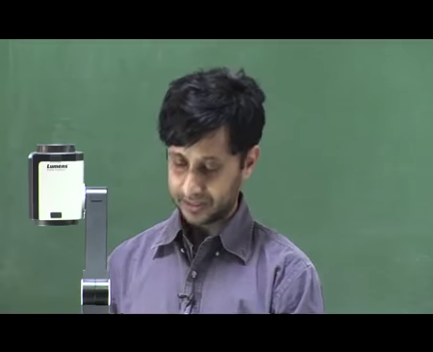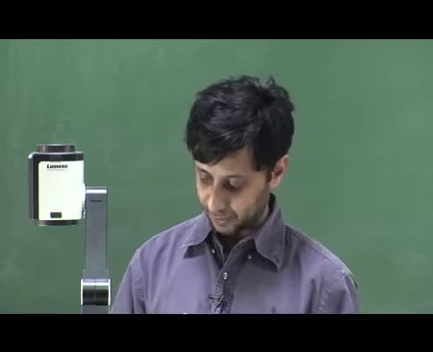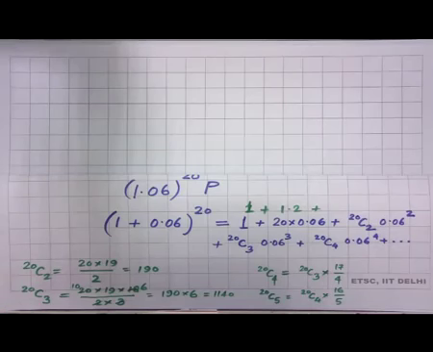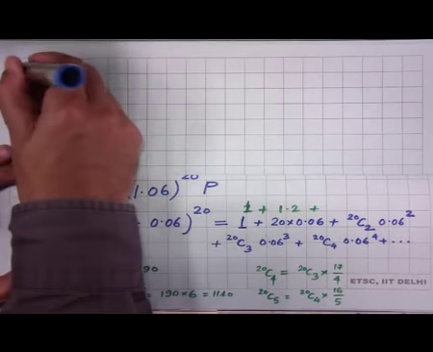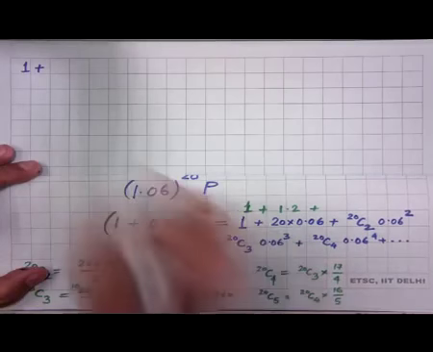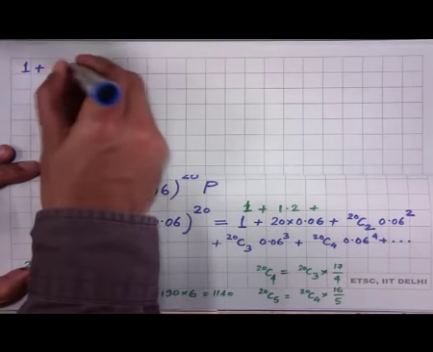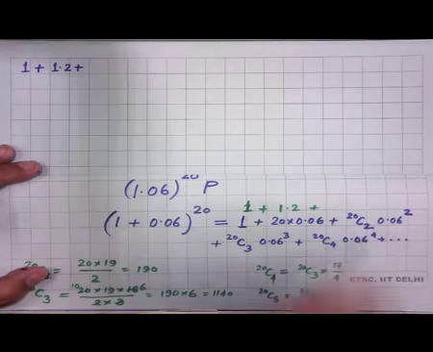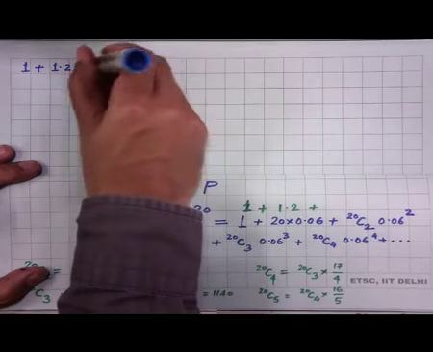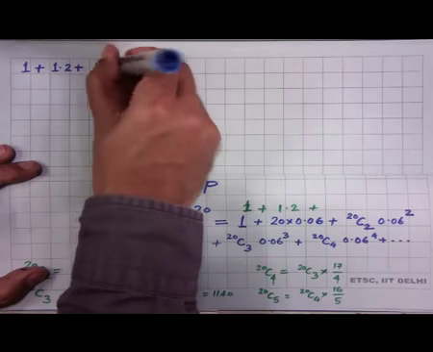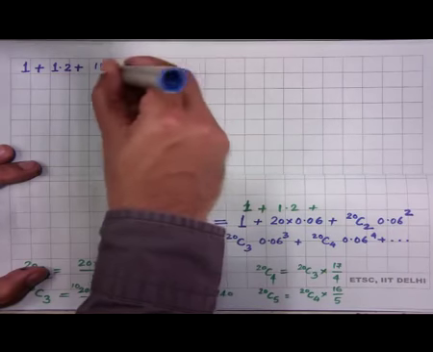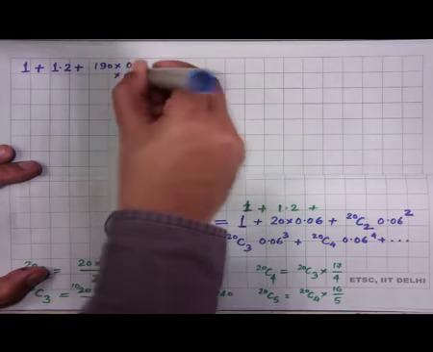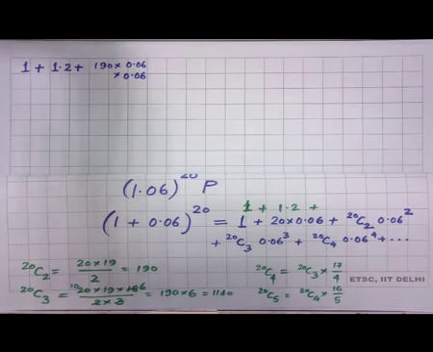So, this is the calculation that we are working on, (1 + 0.06)^20, and our result is coming out to 1 + 1.2 + 20C2, which was 190, into 0.06 into 0.06, okay.